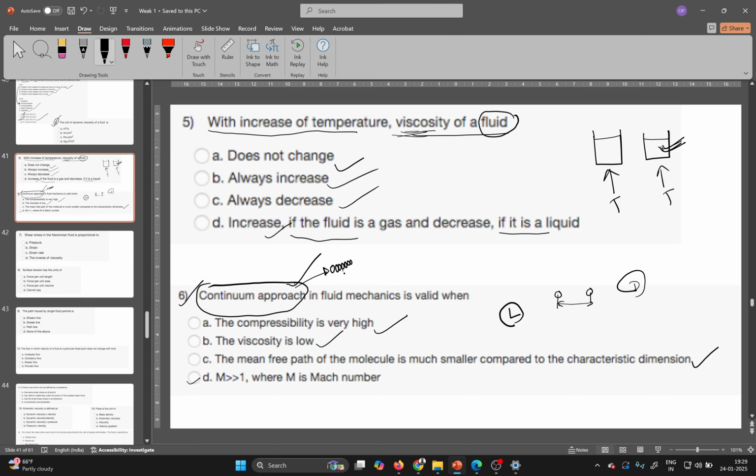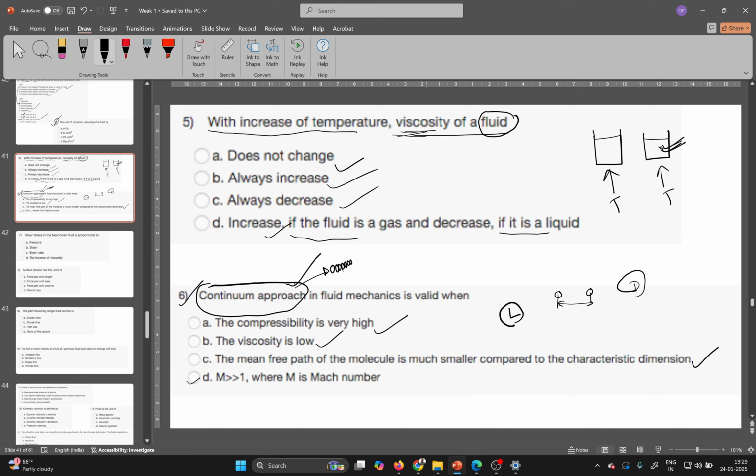This is the assumption. In the case of gas this assumption might fail somewhere, but at a basic level you can think about the continuum approach, and in the case of liquid definitely it will be valid.